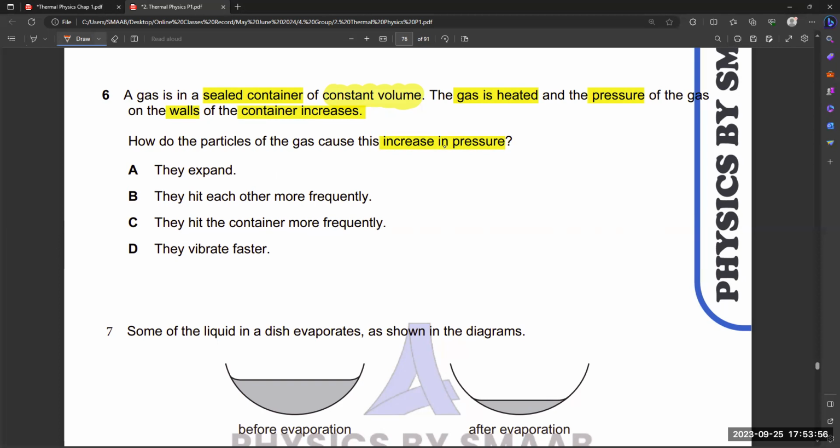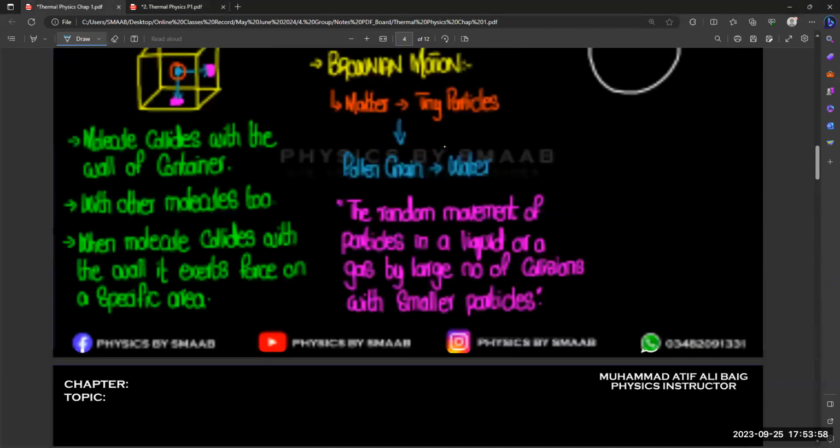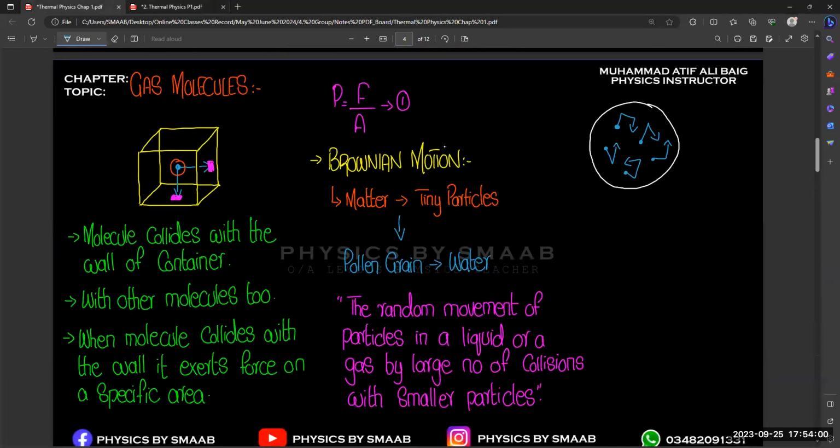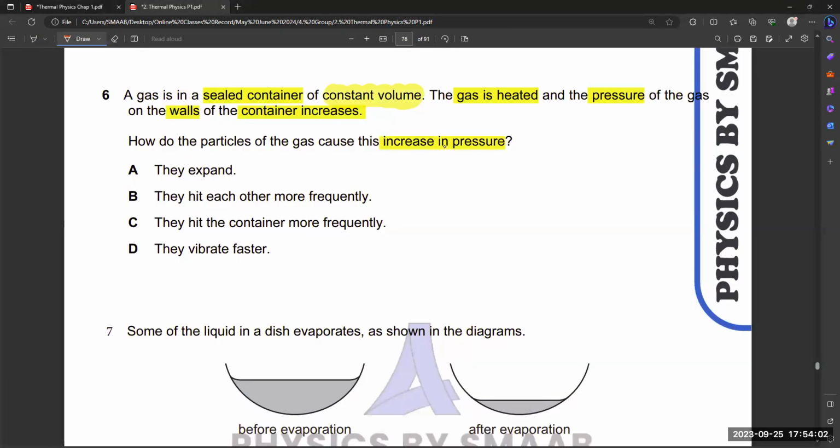So basically, we discussed this section. Yes, we are talking about gas molecules. The same concept we have to apply to this question: when we consider the motion or the collision of the molecules on the container or the wall of the container, that gives you the concept that there will be high pressure.